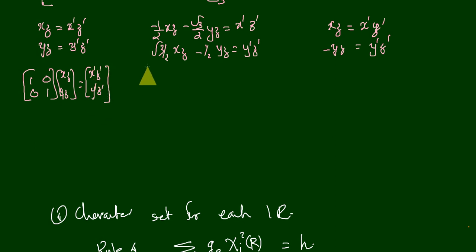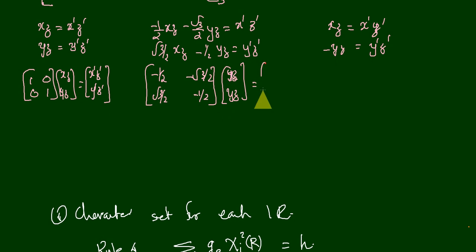Then the next matrix is minus half, minus root 3 by 2, minus half, then xz and yz is equal to x dash z dash, y dash z dash.